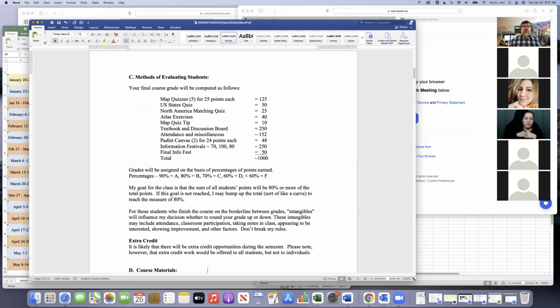Now, that's the bump for the whole class, for everybody, if needed. What about you? What if you end up, even after the bump, at 89.6%? Should I then round you up to 90% so you get an A?